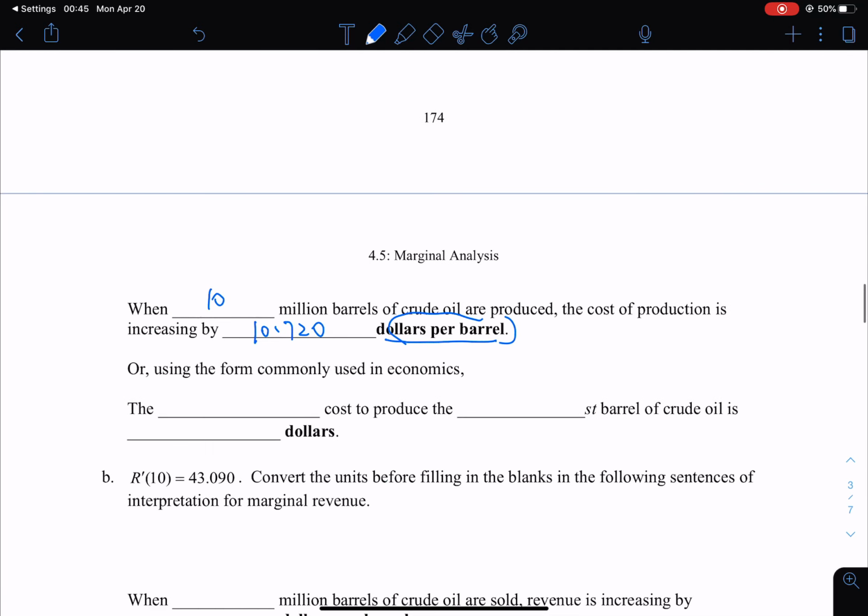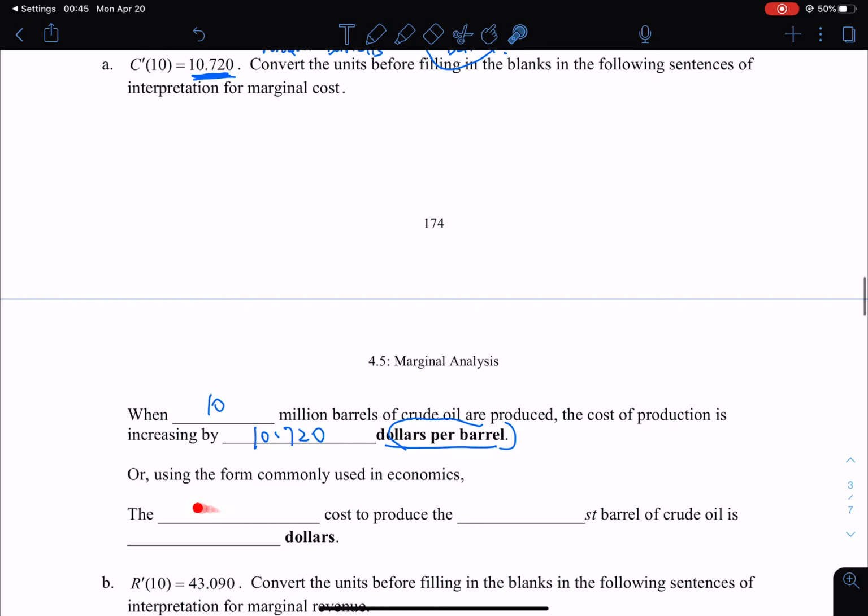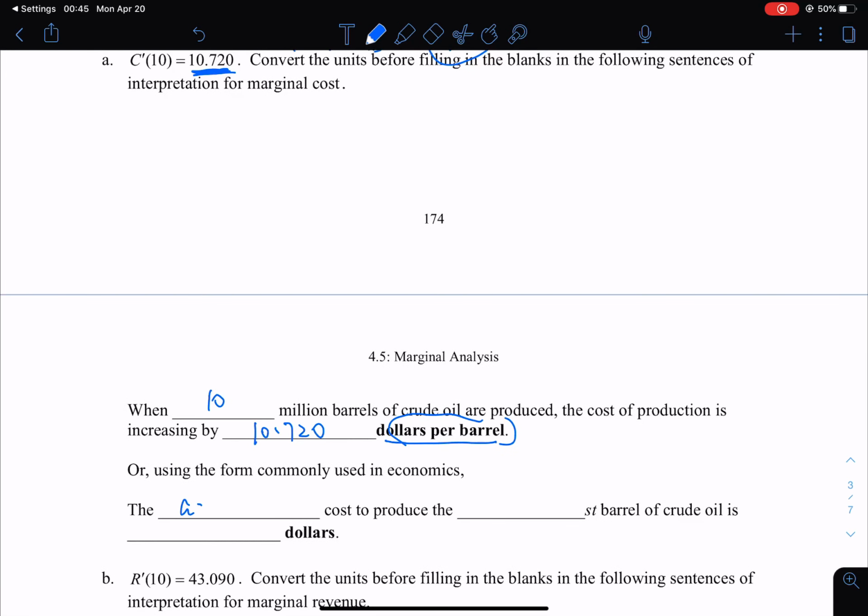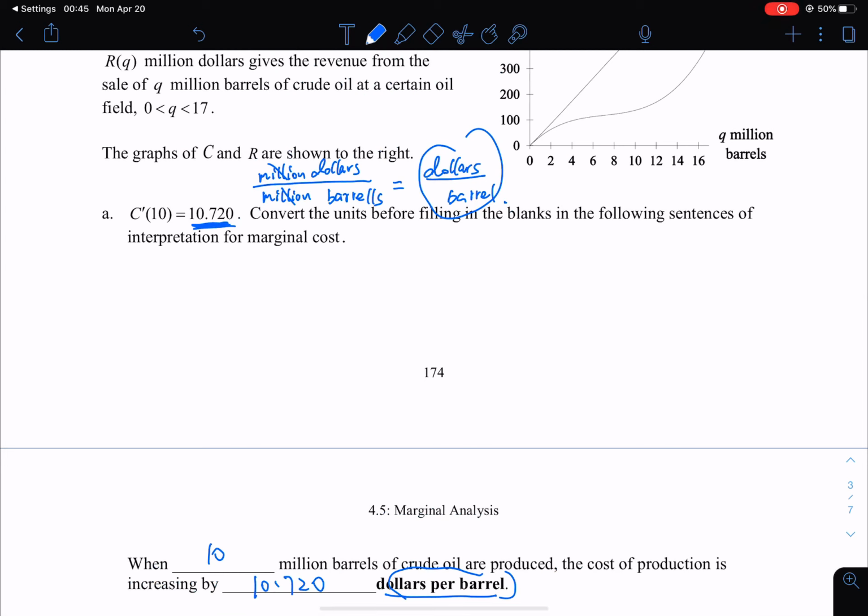And then the next part, or using the form commonly used in economics. So the first part, this is the first way to interpret it, and this is the second way to interpret it. Similar, the keyword is the additional. The additional cost produced because we have to use this one. 10, we cannot use 11, just the 10 plus 1, 11.